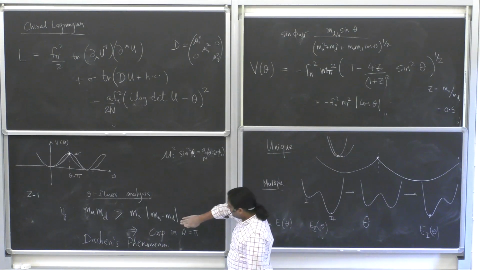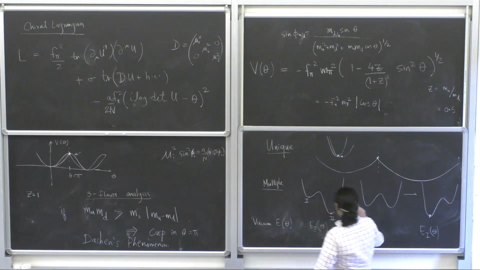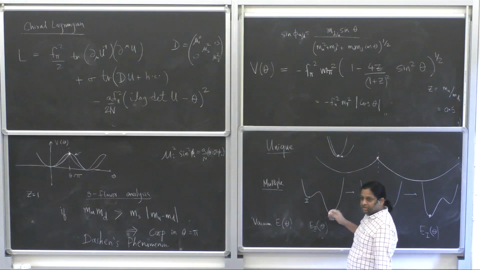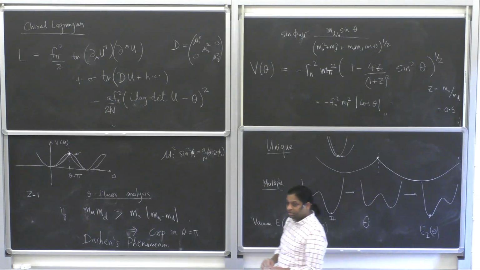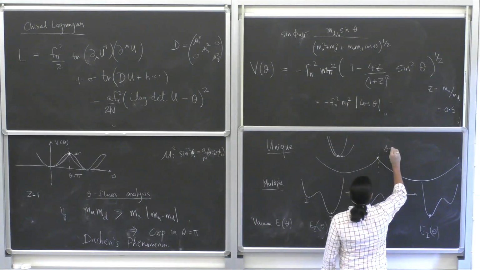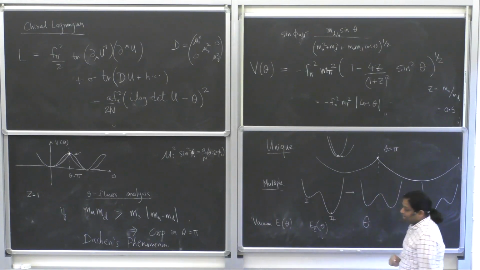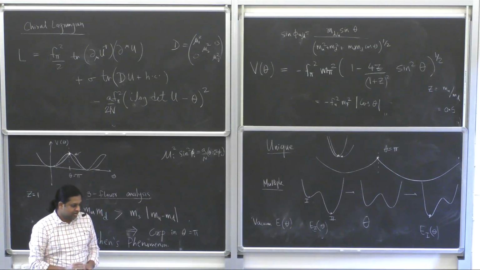For this range of parameters, you get multiple solutions for your equation of motion, this minimum and this minimum, one of which is the global minimum. And the crossover happens at theta equals pi.